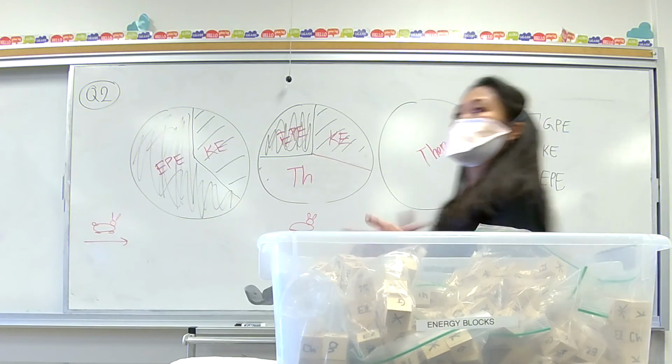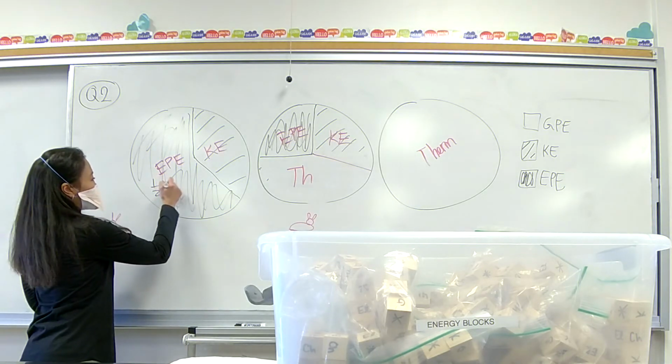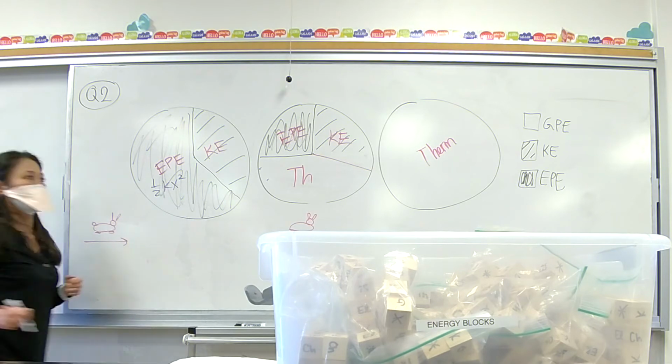Now, the reason why I did all those calculations is because we have equations in our physics helper to calculate gravitational potential energy. It's mgh, mass times gravity times height. We've got kinetic energy, 1/2 mv squared. We've got an equation for elastic potential energy, 1/2 kx squared.